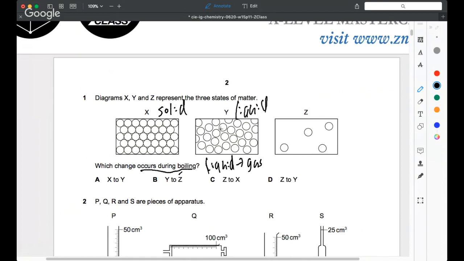You have some partial movement of the molecules or atoms, and that is a gas, where the particles are free from each other, so they are completely free to move. So boiling is a process from liquid to gas. This will be from Y to Z. So the correct answer is B.